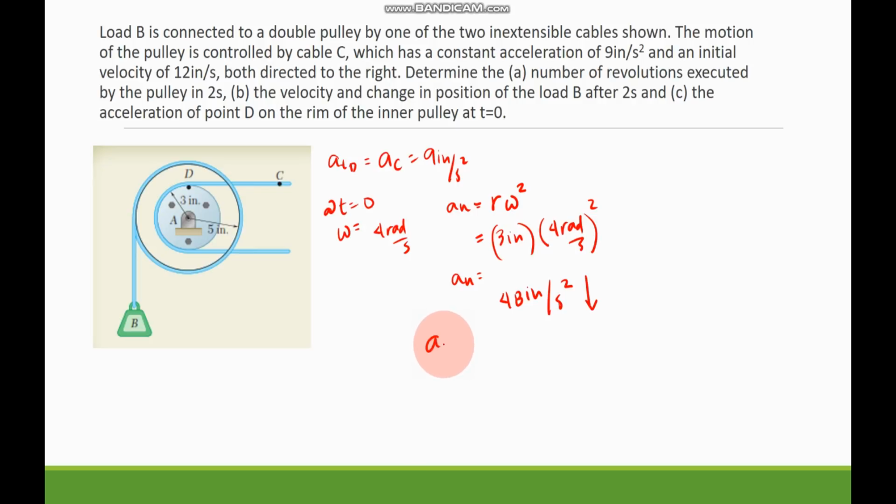Therefore, the acceleration at point D is equal to the square root of the tangential component squared plus the normal component squared. So it is equal to the square root of 9 squared plus 48 squared, which is 48.84 inches per second squared.